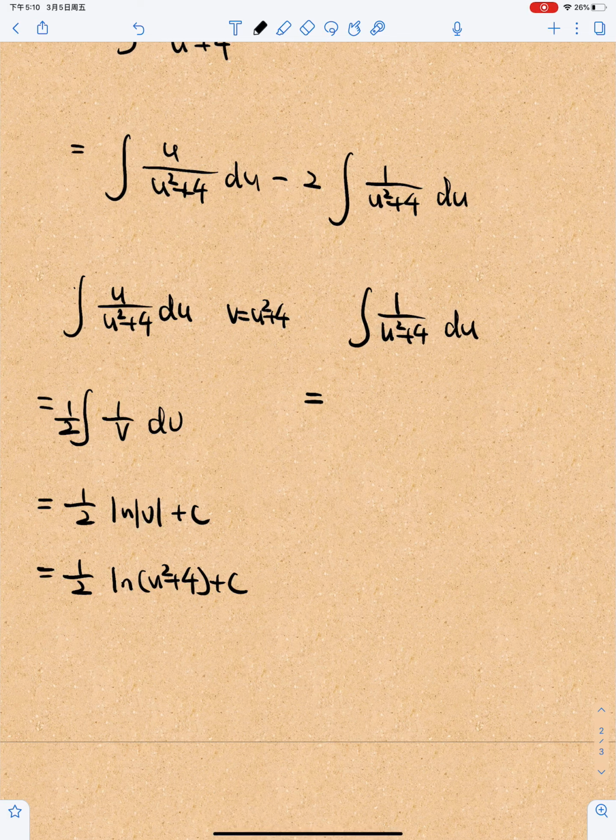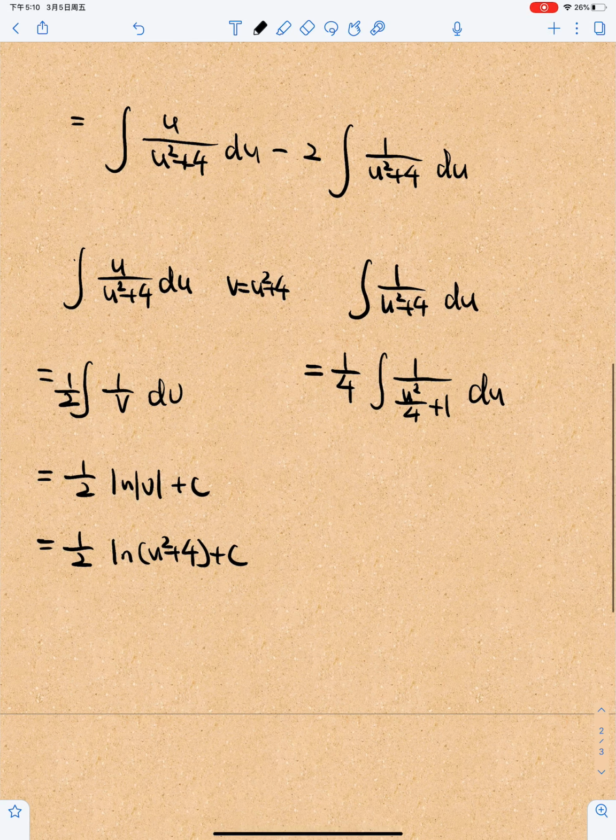The way we solve an integral like this, the first step is to factor out the constant term on the bottom. That means we write our integral as 1/4 times the integral of 1 over (u squared over 4 plus 1) du. And this can be written as 1/4 the integral of 1 over ((u over 2) squared plus 1).